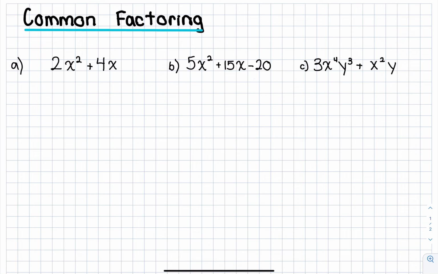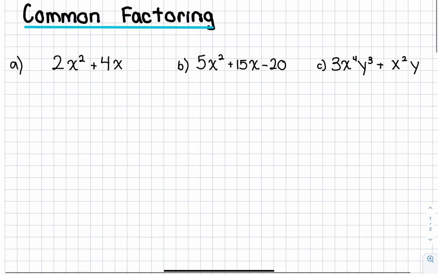So in common factoring, what we're trying to do is pull something out of each term in what we're given. If we take a look at A, we have 2x squared plus 4x, and we need to pull out something from both the 2x squared and the 4x. The first thing that you might notice is that we can pull a 2 out because 2 goes into 2 once and it goes into 4 twice.